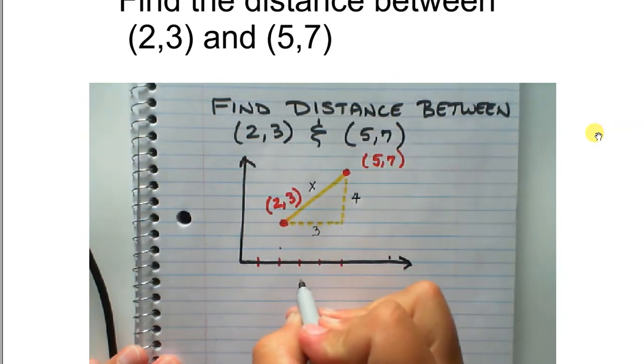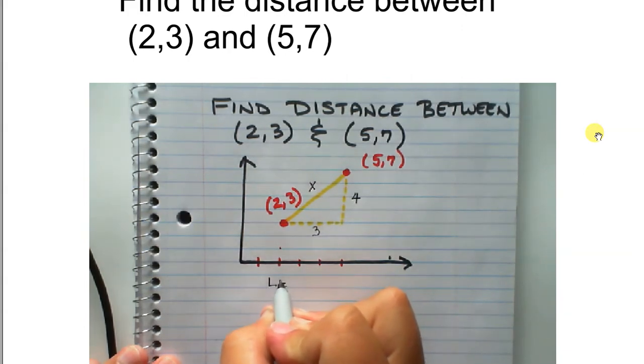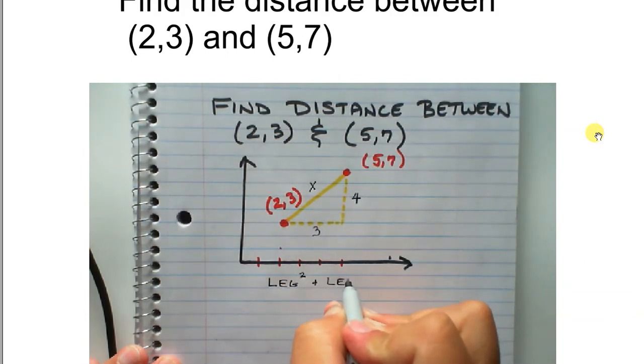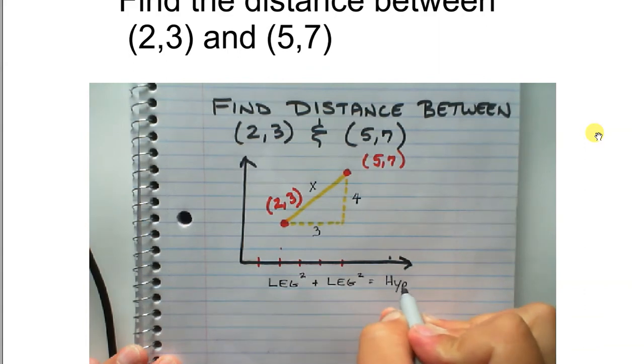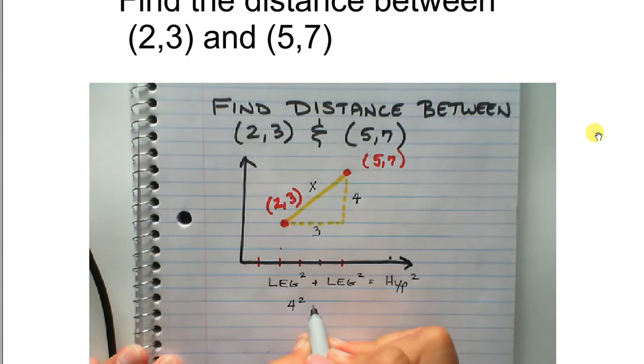So legs squared: 4 squared plus 3 squared. This is 16 plus 9, which is 25. And the square root of that is 5.